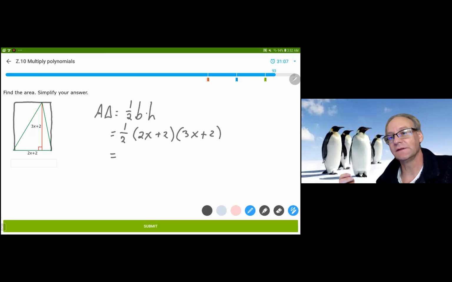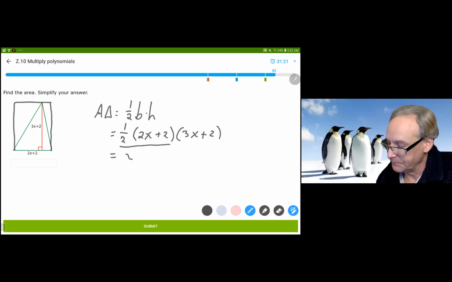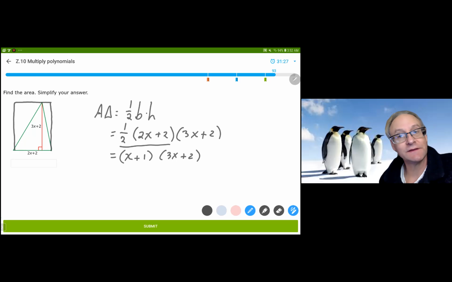Creativity in math is not usually stressed that much, but I can be a little more creative and multiply these two together first. And of course, we're supposed to multiply left to right anyway. So this gives me x plus 1 times 3x plus 2. Isn't that nice? Much easier multiplication all the way around. So I'm being a little creative by multiplying out my 1/2 first.